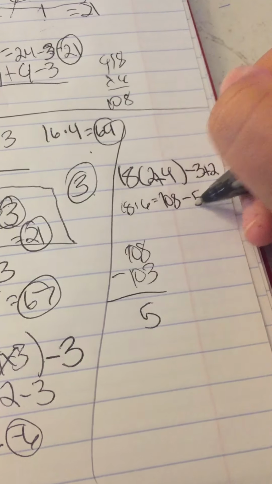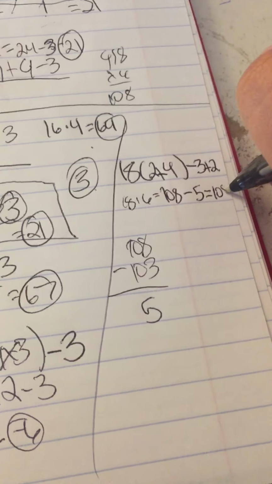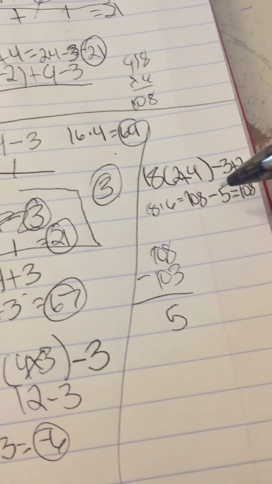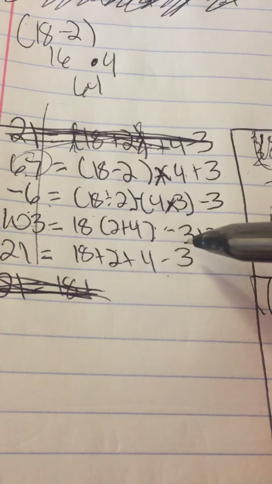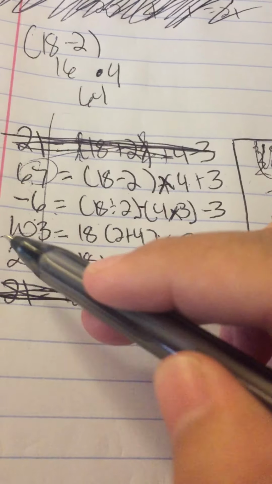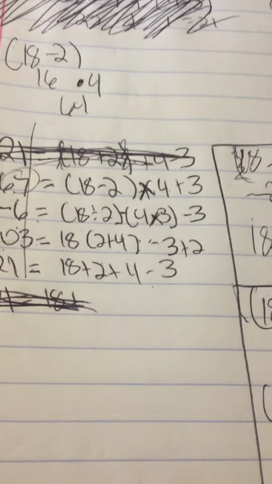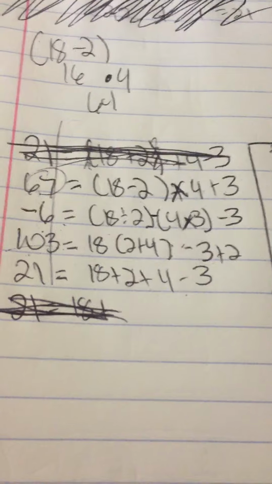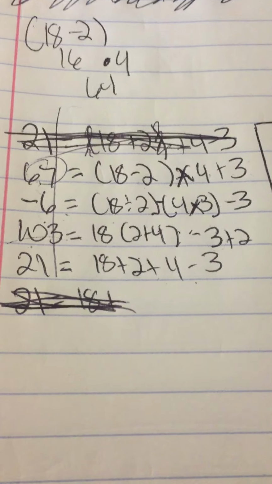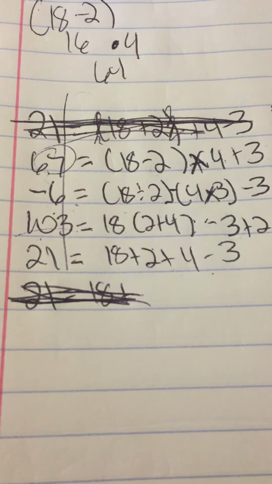So minus 5, which would get me from 108 to 103. And using the order of operations, 18 times 2 plus 4, minus 3 plus 2 gets me to 103. And that's basically my video. Hopefully I didn't ramble along too much.